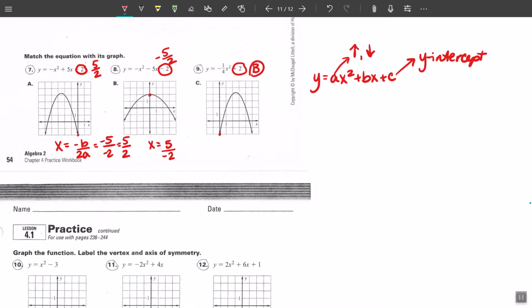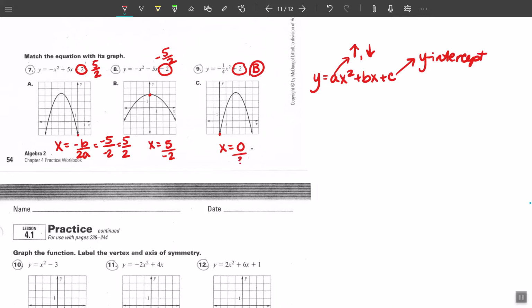And then we'll just double check this with our number 9 just to make sure it really does match with B. In this case, there is no B value. There's none recorded there, so there's no x term. There's an x squared term and there's a constant, but there's no x. So that means we've got a B value of 0 over some other number.